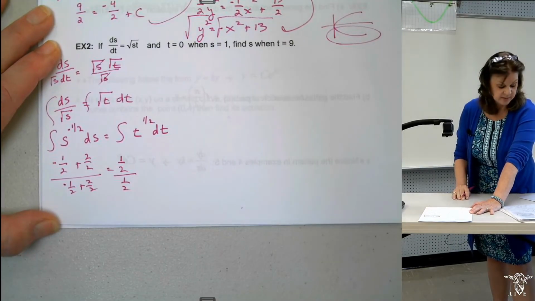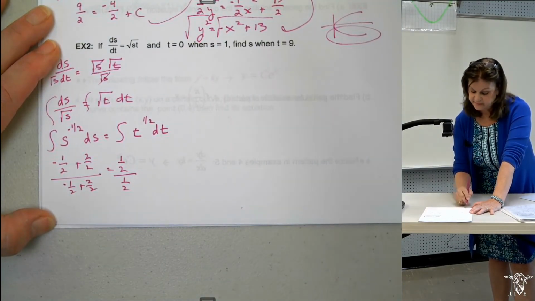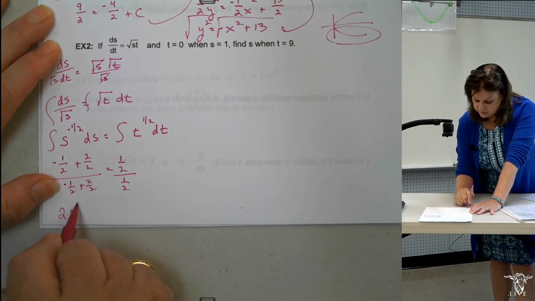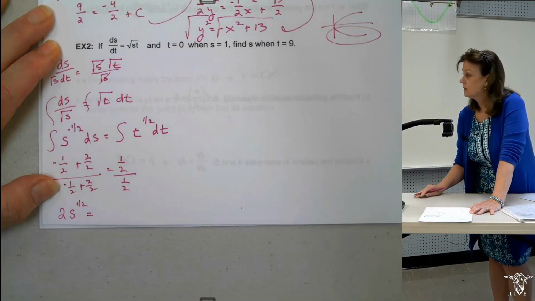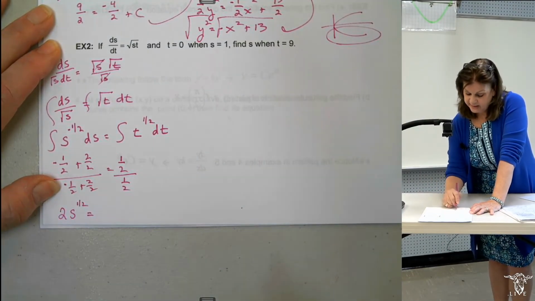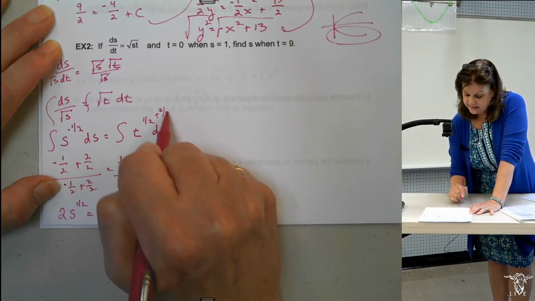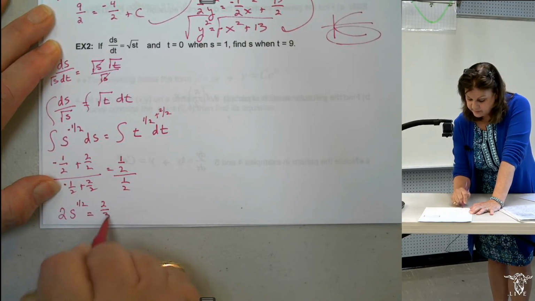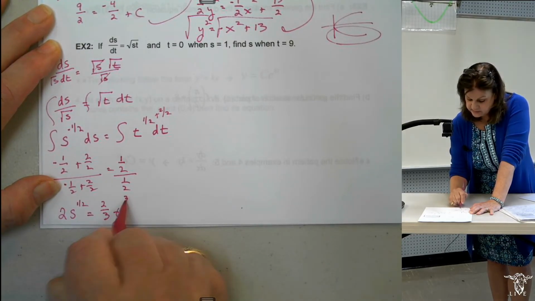So my integration of s to the negative 1/2 is going to be 2s to the 1/2. We agree? And when I add 1 to this, I get 3/2, so I've got 2/3 t to the 3/2.